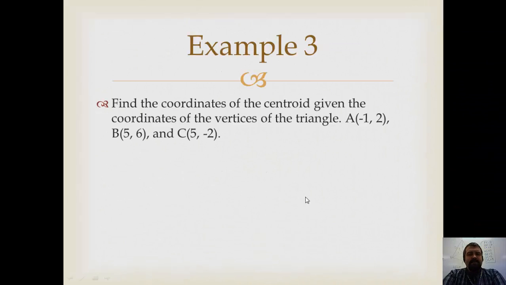Alright, the next example says find the coordinates of the centroid given the coordinates of the vertices of the triangle. A is -1, 2, B is 5, 6, and C is 5, -2. So the very first thing that I'm going to do here is plot this on a coordinate grid. So now that I have my coordinate grid, I'm going to plot all the points.